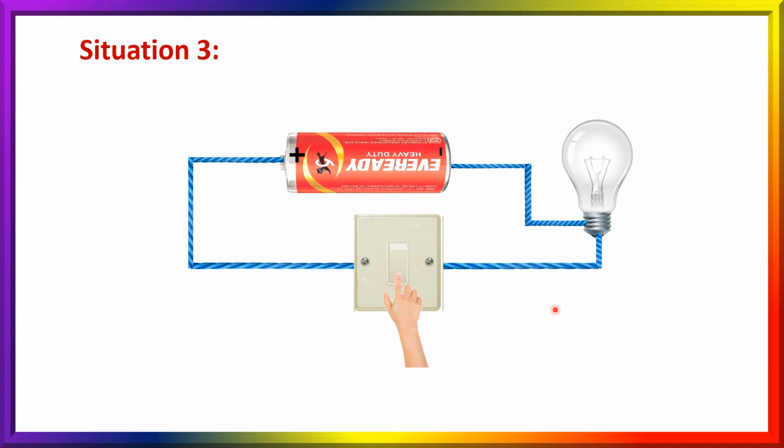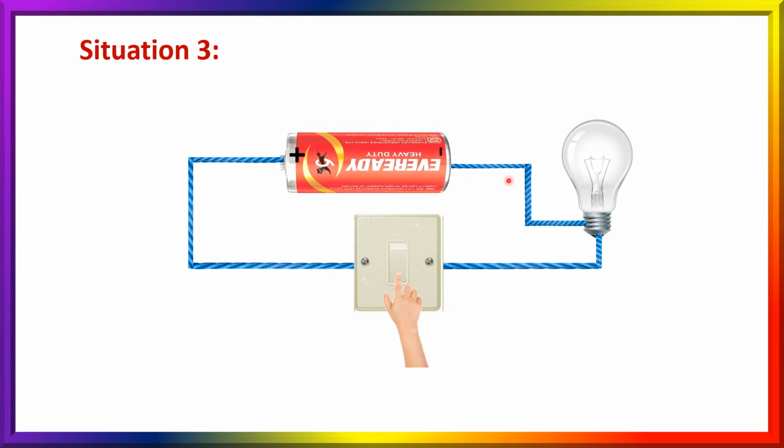In situation 2, the source is not there. In situation 3, in place of copper wires, I have used nylon wires. So here nylon wire does not allow the current to pass through it. That's why the bulb will not glow.